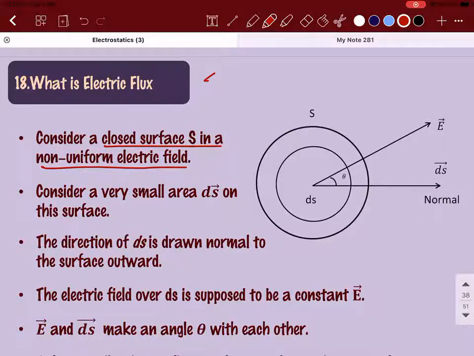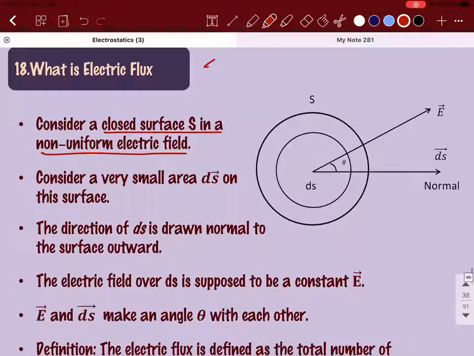We discussed one of the properties of electric field lines: if the number of field lines is more at a particular place, then the strength of the electric field is more at that location. But every time you can't keep using the words number of electric field lines, so you need a particular word for that factor, and that is called electric flux.